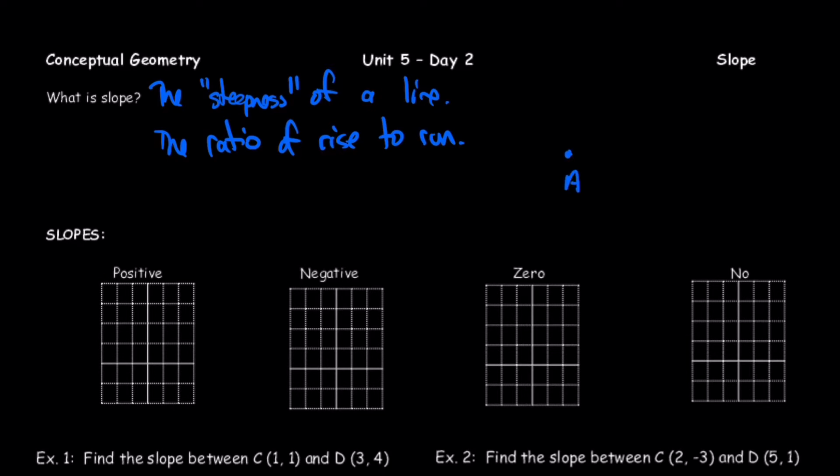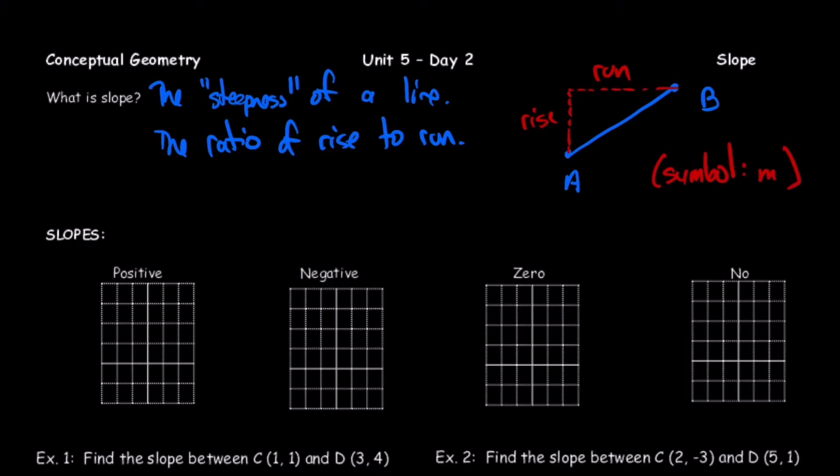Well, let's say I've got these 2 points here, A and B. The rise is the amount you have to go vertically, so that would be your rise, and the run is the amount you have to go horizontally, so that would be the run. The symbol for slope, and nobody knows why this is the symbol, is a lowercase m.